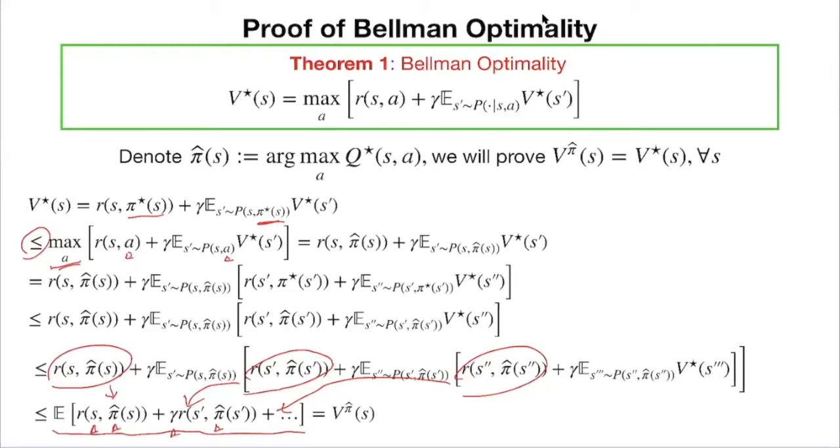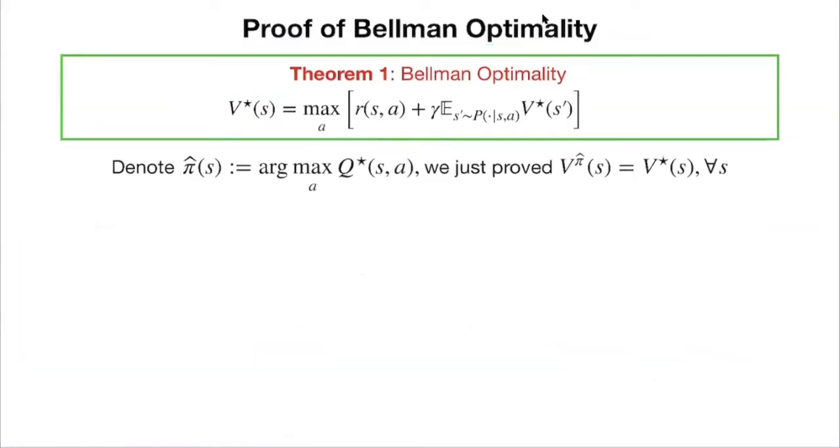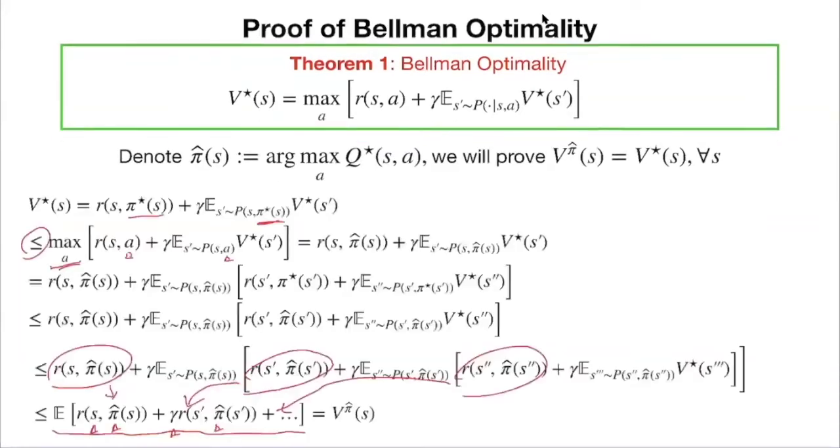So after we repeat this process infinitely many steps, we magically get to this expression, which is equal to the value function evaluated at state s. So what we just proved is that v star s is less than or equal to v pi hat s for all s.